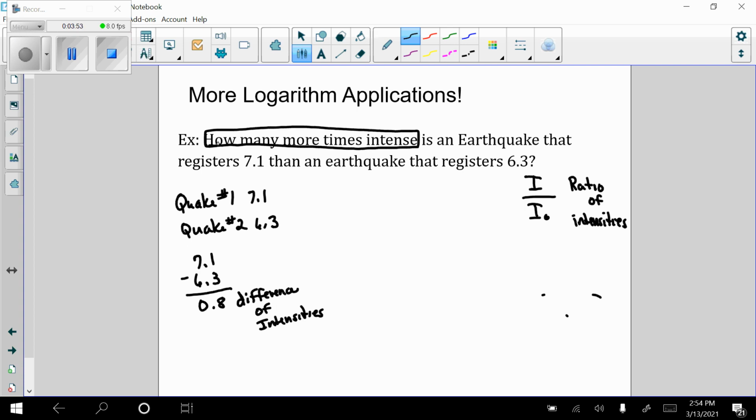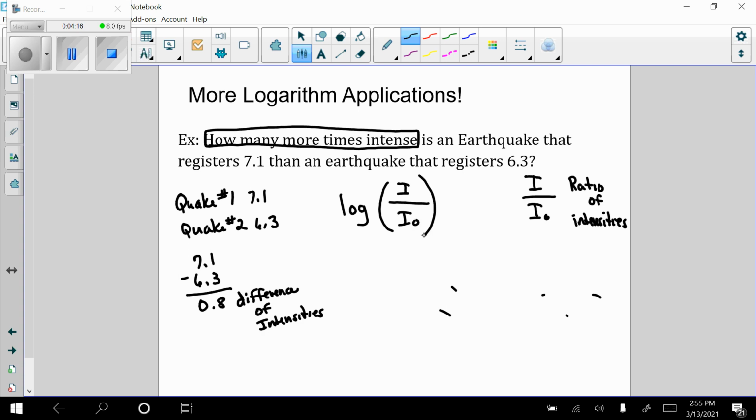Okay, so I'm going to take the formula that I gave you yesterday for the log, for the earthquakes. So I have log. I don't know the intensities of those quakes. I just know the magnitudes. So I'm going to keep my I over I sub 0 since that's my ratio.